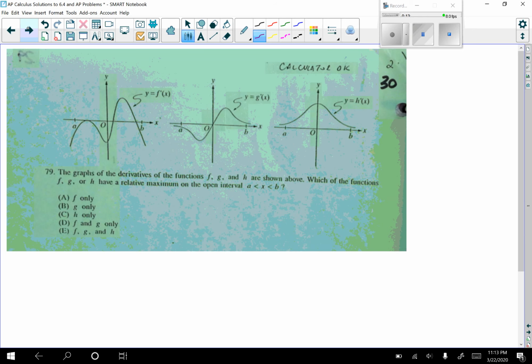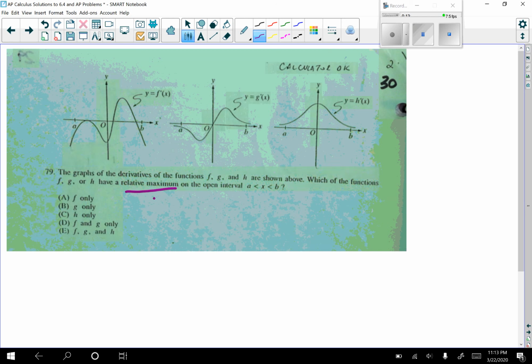All right, for this one, we have seen this before. I assigned it before, and it's still good to always go back over and check. The graphs of the derivatives of the functions f, g, and h are shown above. Notice each one says f prime of x, g prime of x, h prime of x. Which of them have a relative max?